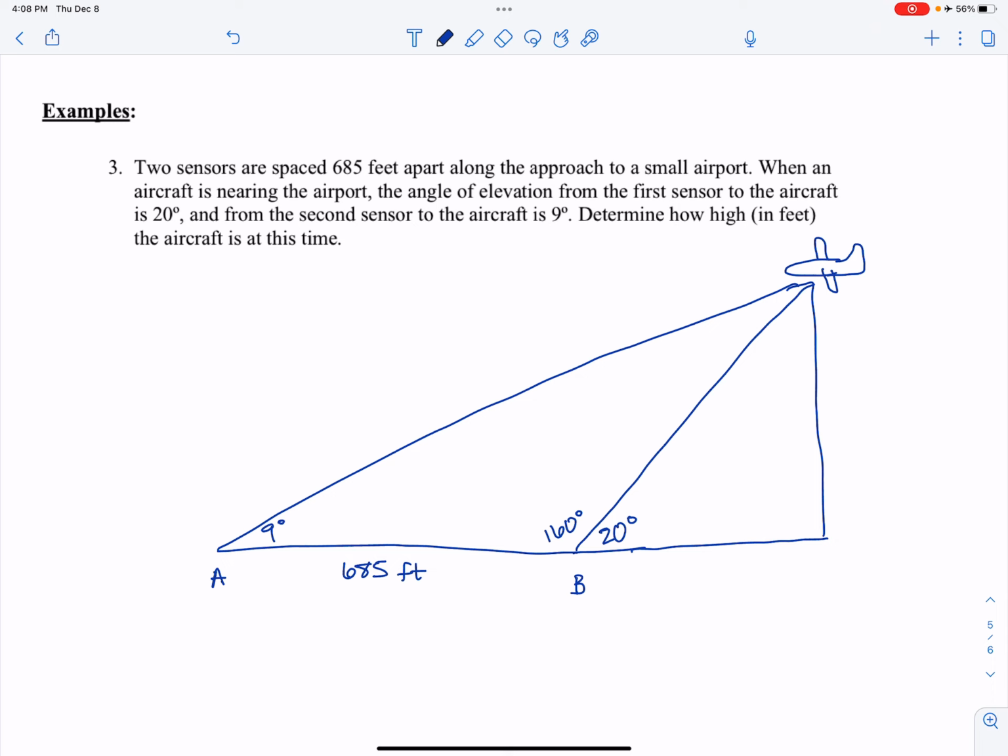Then we can use our knowledge of this triangle here, because we have 9 degrees and 160 degrees. We know that total it has 180 degrees. So if we take out that 9 and that 160, we'll be left with 11. So this is 11 degrees.